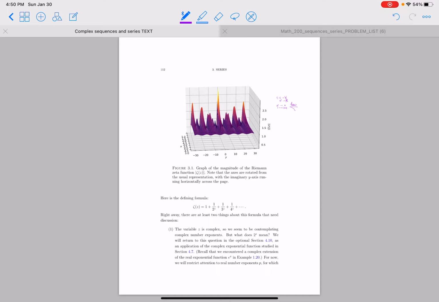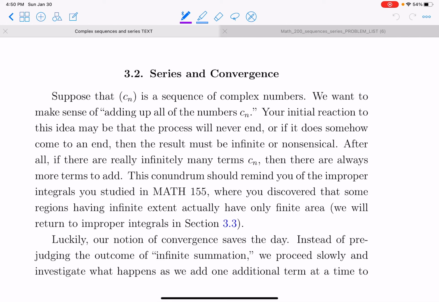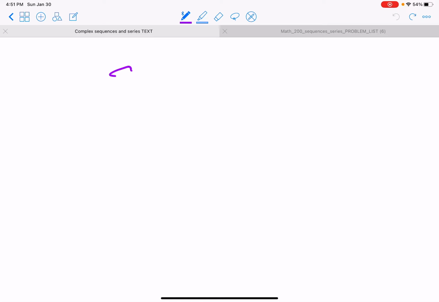Okay? Now, the main thing about this chapter is knowing what it means for an infinite series to converge. So you just need to memorize, if I have an infinite series, the sum of the c sub n's, where I'm summing over every natural number, that means I'm thinking about something like c0 plus c1 plus c2 plus c3 plus c4 plus forever and ever.